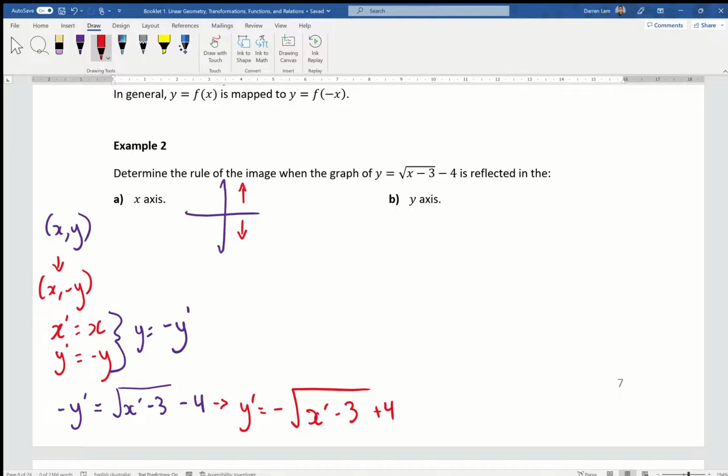Okay, well, does that look like a reflected version? Yeah. Now, if I translate, because in the original one, it's -4, which means it's translated 4 units in the negative direction of the y-axis, or it's translated 4 units down, isn't it? If I reflect that in the x-axis, does that translation still stay at -4?